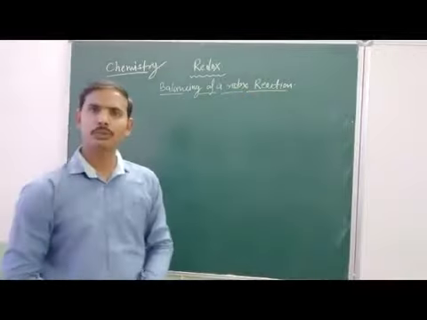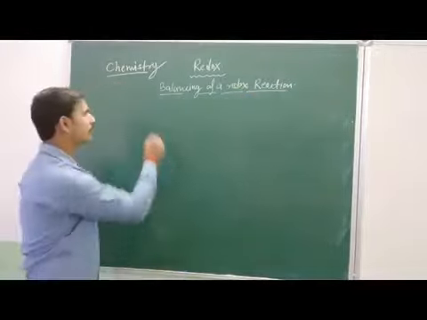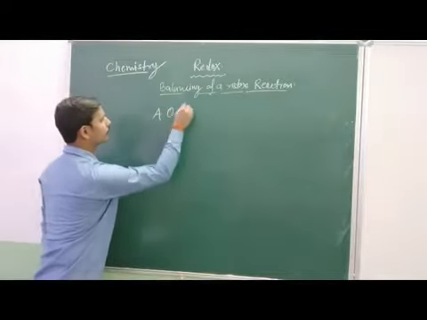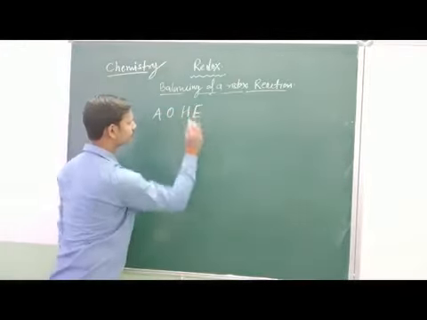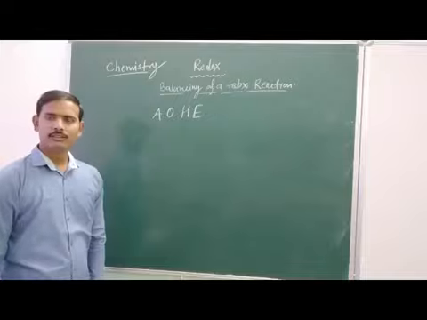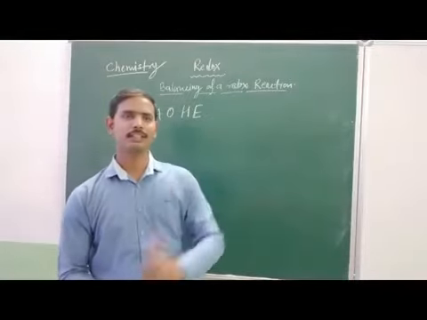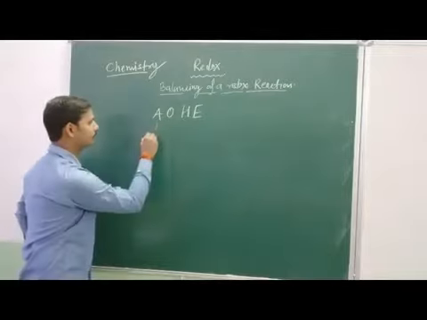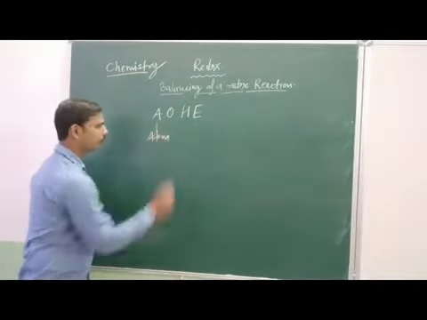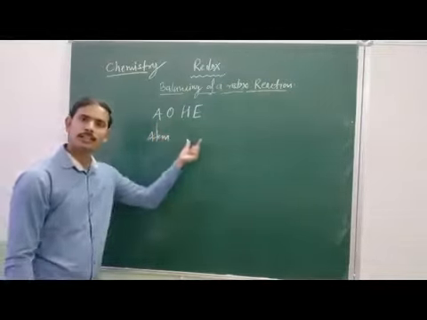But before that, I want to tell you the formula. This is the formula: AOHE. This is very different looking, AOHE. A stands for atom, which is balanced by multiplying by a number.